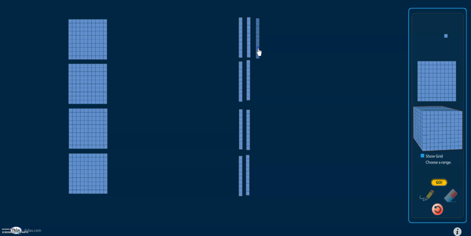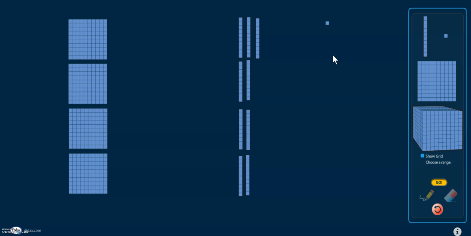Okay, so there's our 9 to show 90, and then 1 of our ones cubes to show that digit 1 in the ones place. So here we have the number 491 represented using base 10 materials, or base 10 blocks.